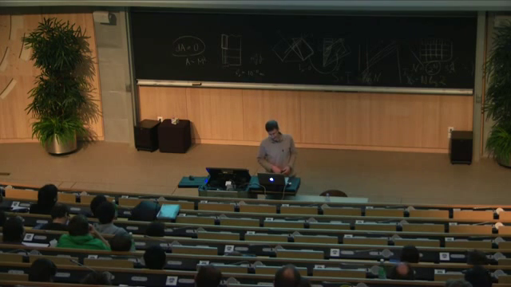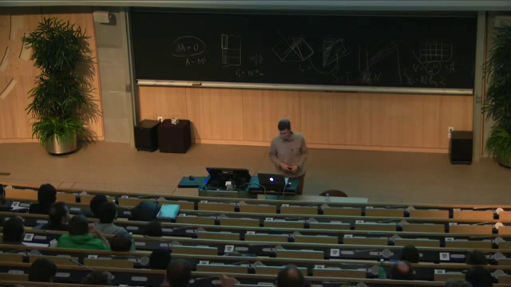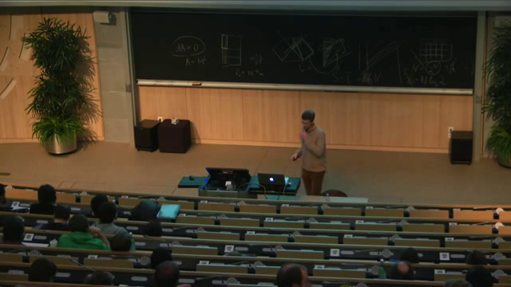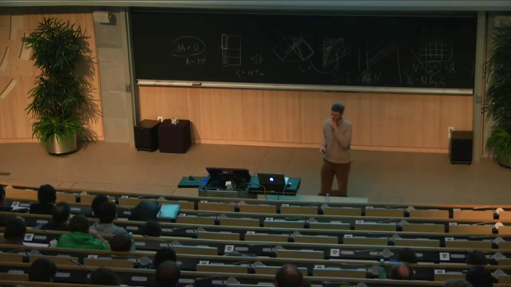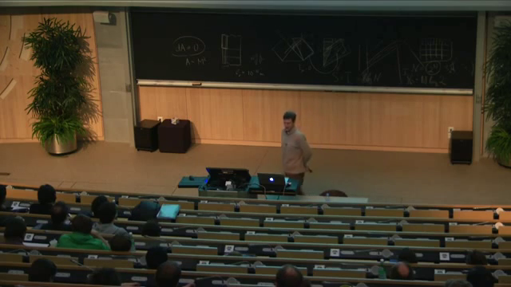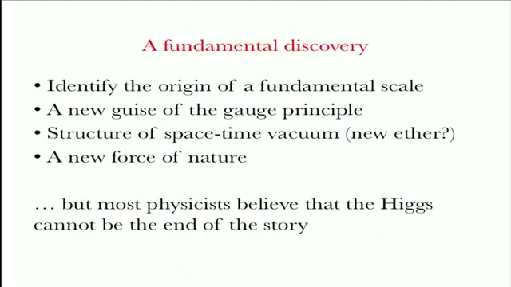But let's summarize what's happening. Well, I think that there's no doubt that the Higgs discovery has been a fundamental discovery in physics. Something that goes beyond just the borders of particle physics. We have identified the origin of a fundamental scale, the fundamental scale of weak interactions.